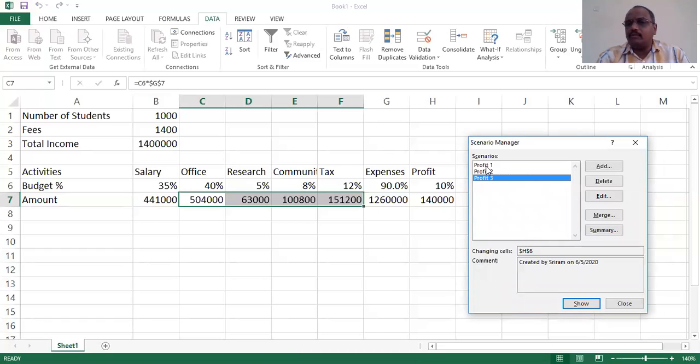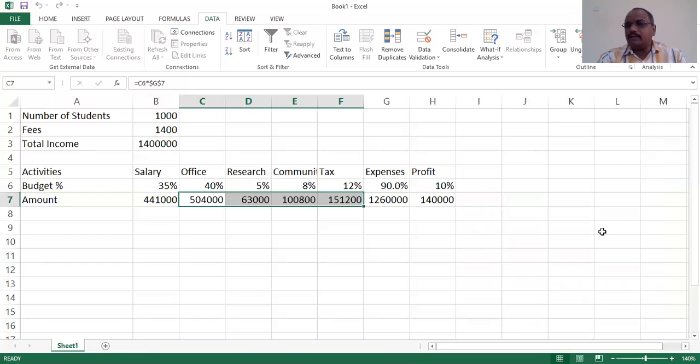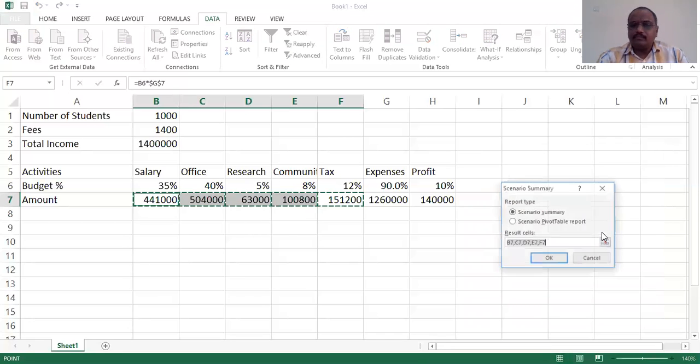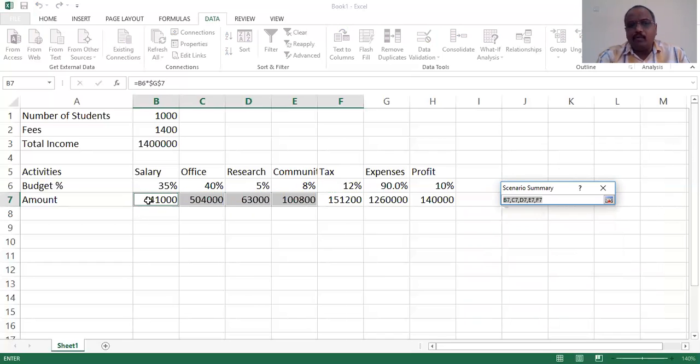Now we are having three scenarios. In the first scenario, I'm going to change the profit. In the second scenario, we are going to change to 8%, 12%. So for each one I have given a name. I'm going to make the summary. When I click Summary, it will ask which cells you are going to make changes in.